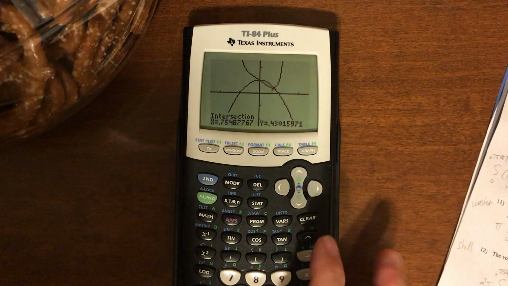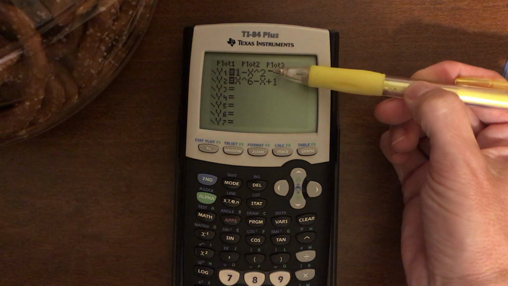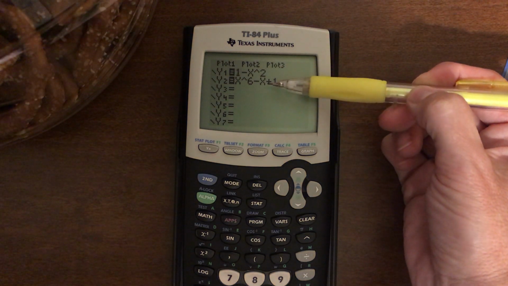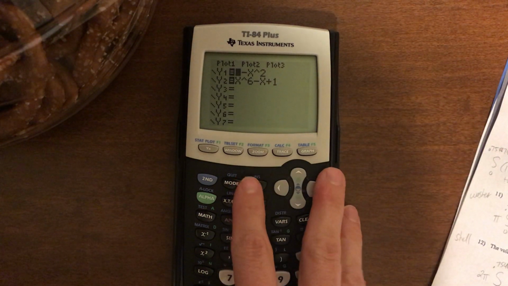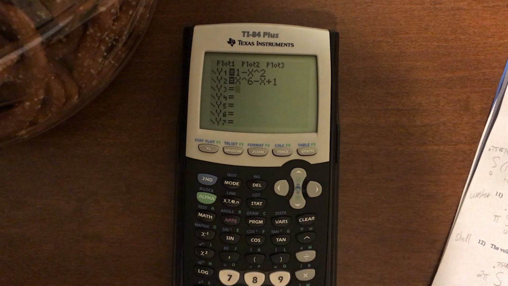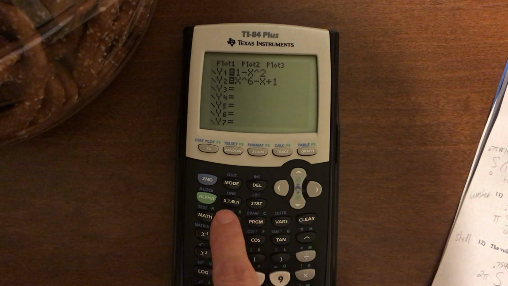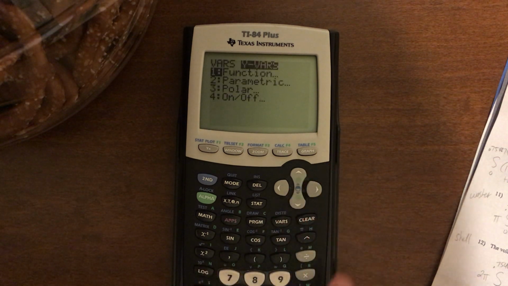Another way you can do it, let's see if this works. We already have our two functions in there. One is my y1 and one is my y2. And remember, my y1 is my parabola, and that's the top function. This is my bottom function. So what I can actually try to do here is in my y3, I'm going to go to vars, y vars, and select function.